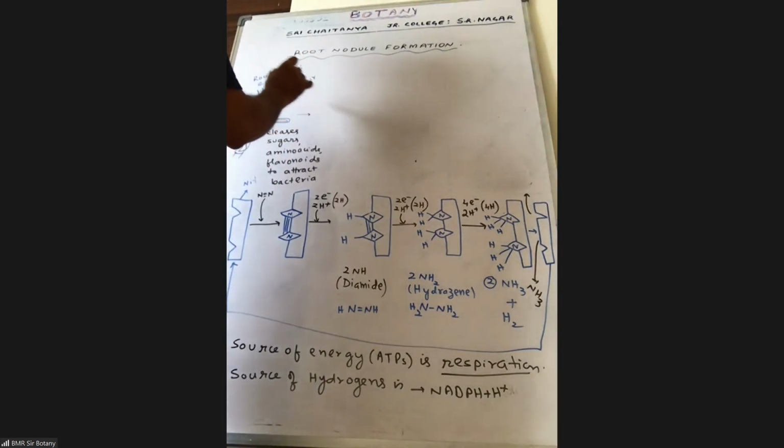Releasing these for what sake? To attract bacteria. So bacteria will accumulate around the root hair. They are released from the root hair cell region, especially from root hairs.